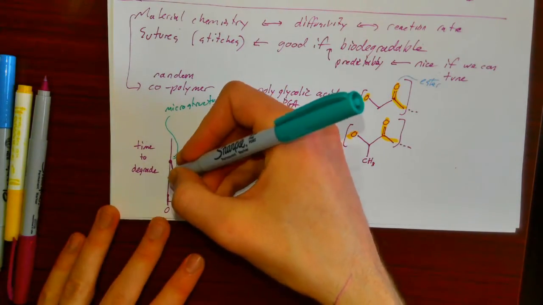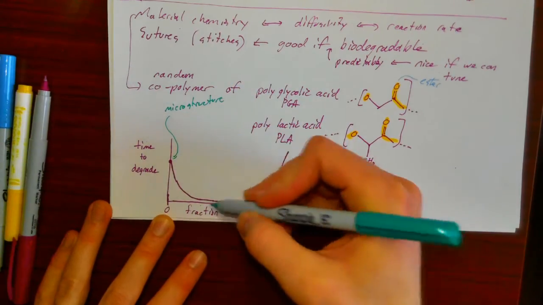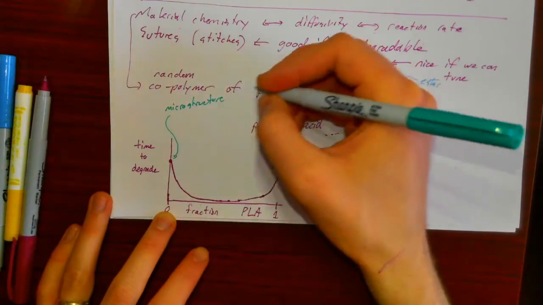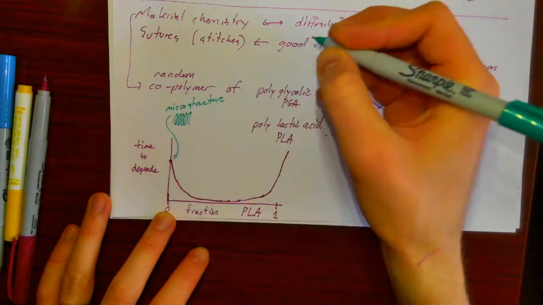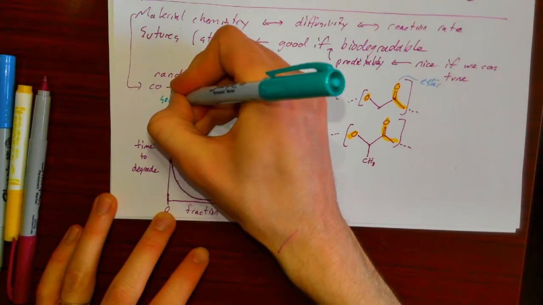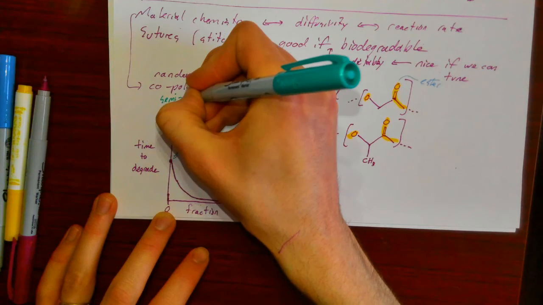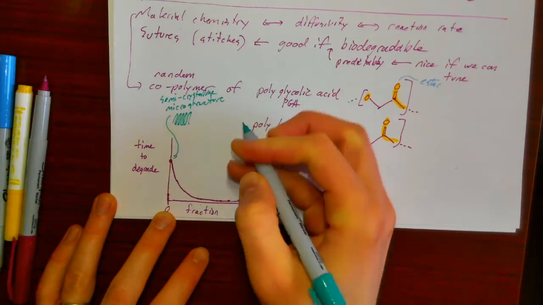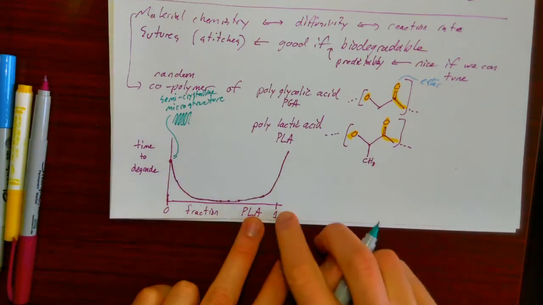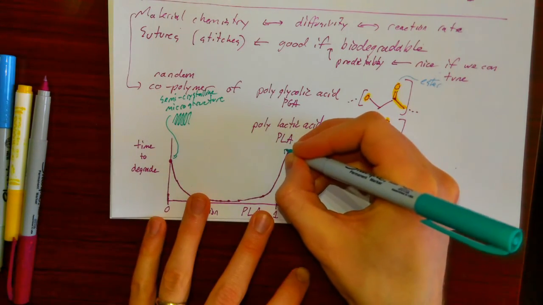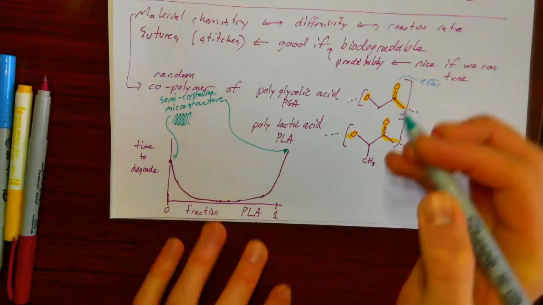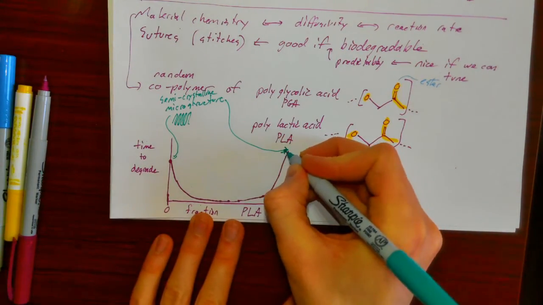So when it's all polyglycolic acid, we can basically get a semicrystalline microstructure where basically everything can pack nicely. Similarly, if we have all polylactic acid, we also can get a semicrystalline microstructure as well.